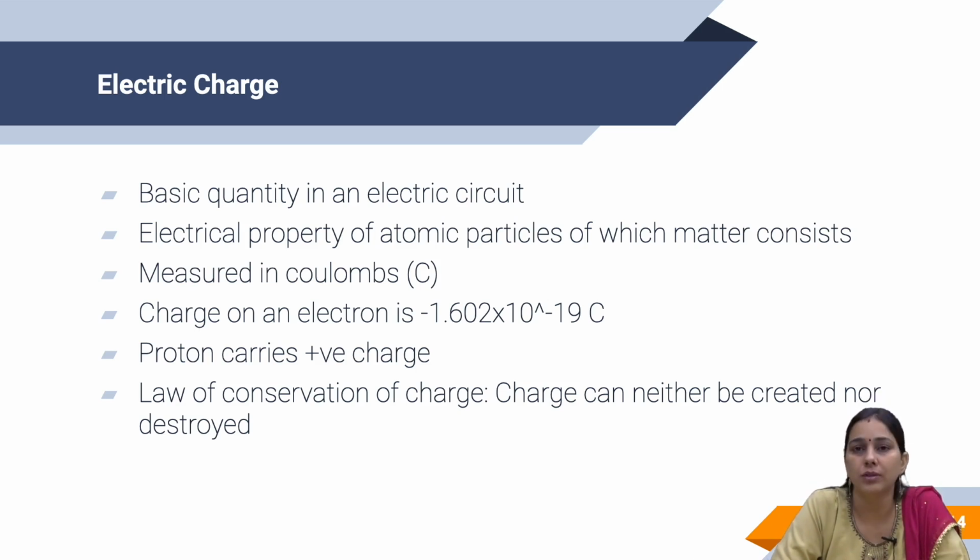The proton carries the positive charge, the electron carries the negative charge. So the charge on one electron is minus 1.602 multiplied by 10 raised to the power minus 19 coulomb, and for the positive, this minus sign will be positive, right.